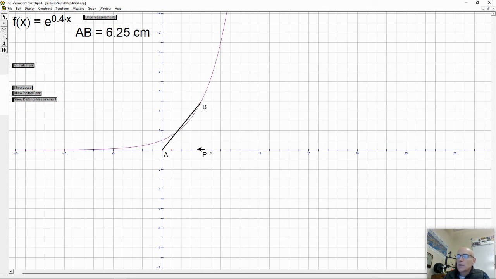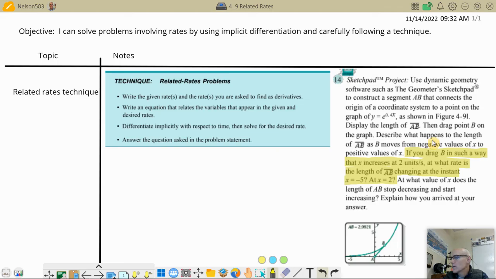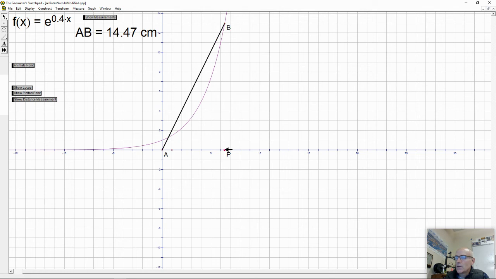They do say pretend like x is increasing at a constant rate. Right in here it says if you drag B in such a way that x increases at 2 units per second. So I thought it'd be easier to put this point down here and connect it, so that the point up here is determined by wherever this x value is, okay?